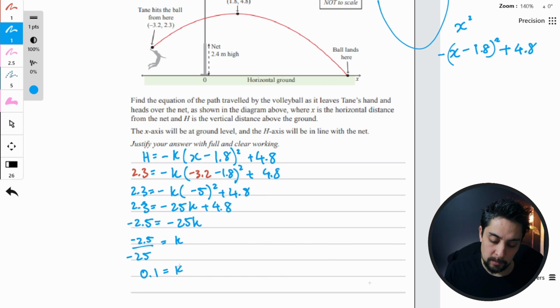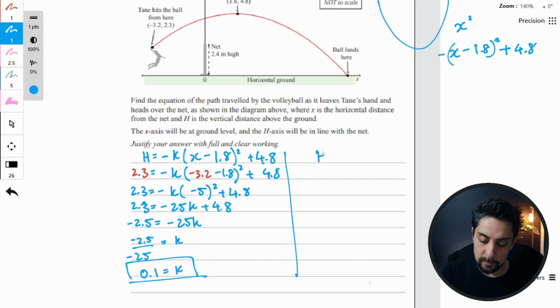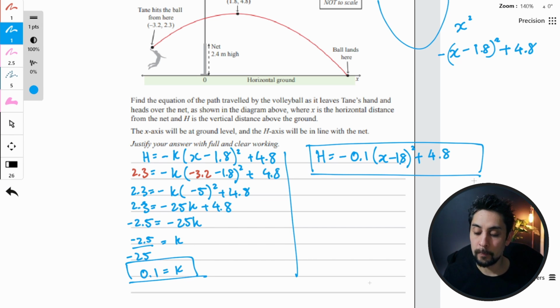So 0.1 equals k. So our k value is 0.1, and our equation is h equals negative 0.1, I'm just reading off this line here, negative 0.1 times x minus 1.8 squared plus 4.8. We'll box that. There's our final answer.